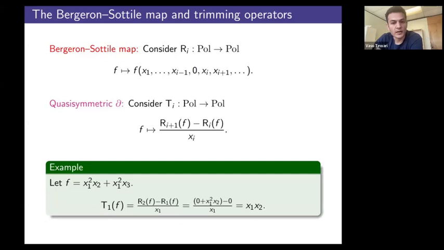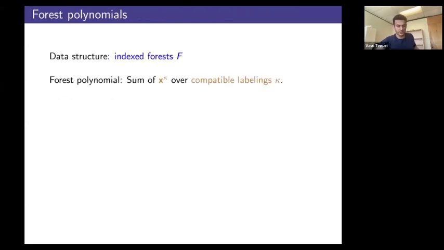Okay, so here's my analog of Schubert polynomials. There's a bunch of jargon that I'll have to introduce, so let me stick to doing it by pictures, and stop me if something doesn't make sense. My underlying combinatorial data structure is what I will call an indexed forest.